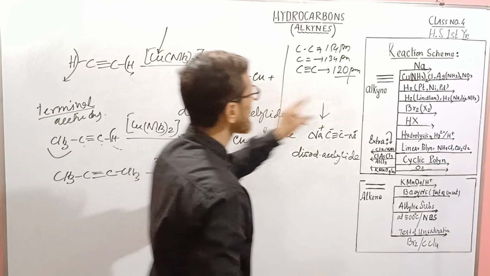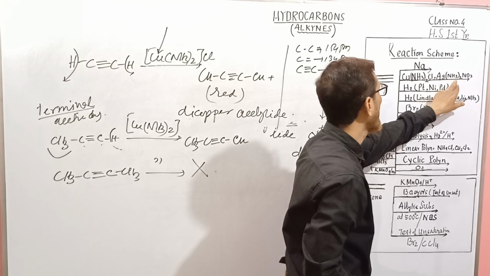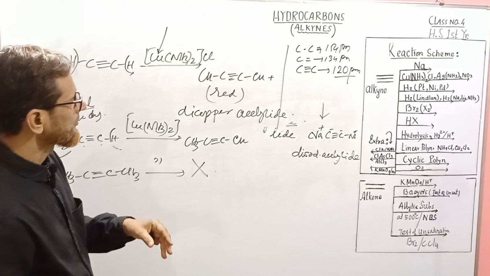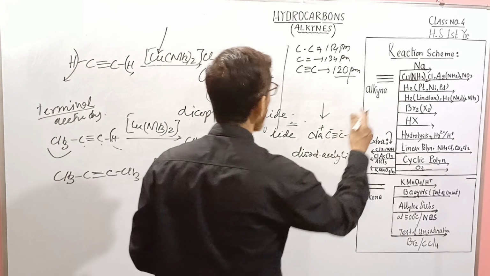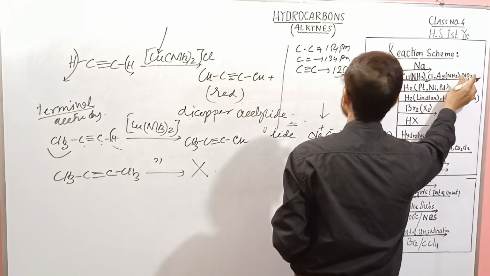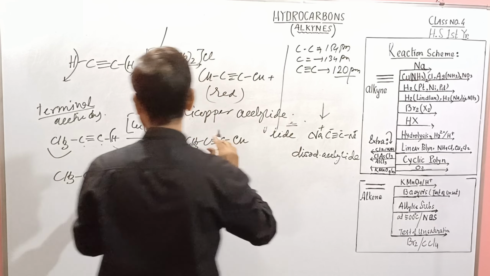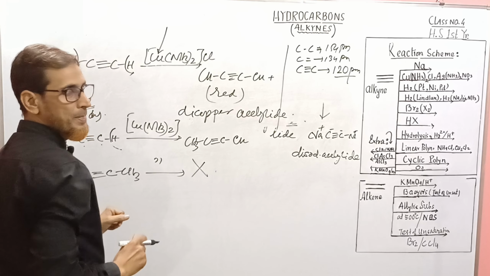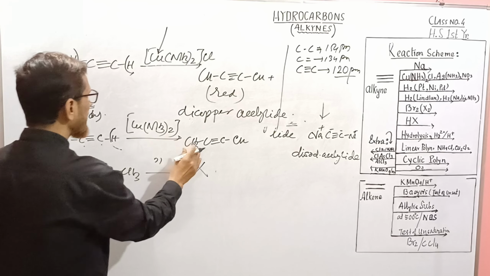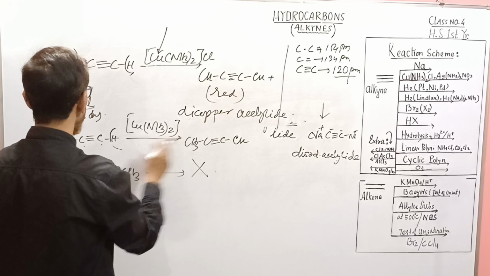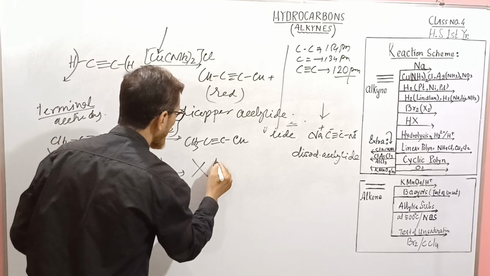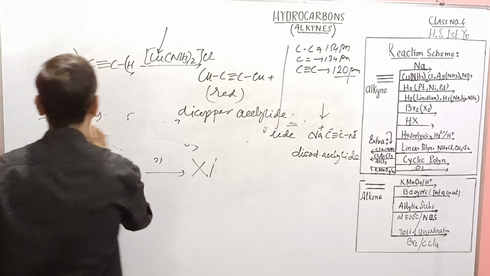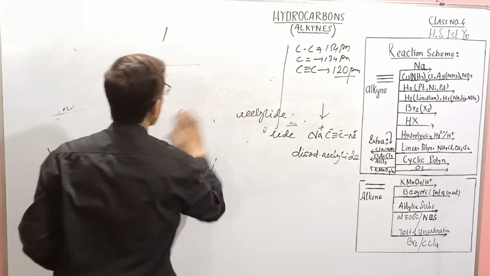The same reaction is done with ammoniacal silver nitrate solution, Ag(NH3)2 NO3, am I right? So here, in place of copper, you will just add silver. I am showing you one reaction so you can understand easily.